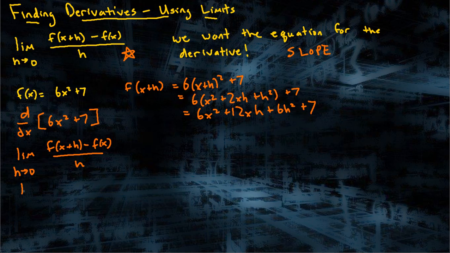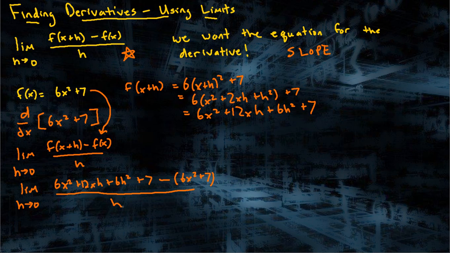So continuing on, I'm going to have the limit as h approaches 0 of, put all of that in, 6x squared plus 12xh plus 6h squared plus 7 minus, now I need to be careful right here, parentheses 6x squared plus 7, because this is f of x, right? And then I'm all over h.